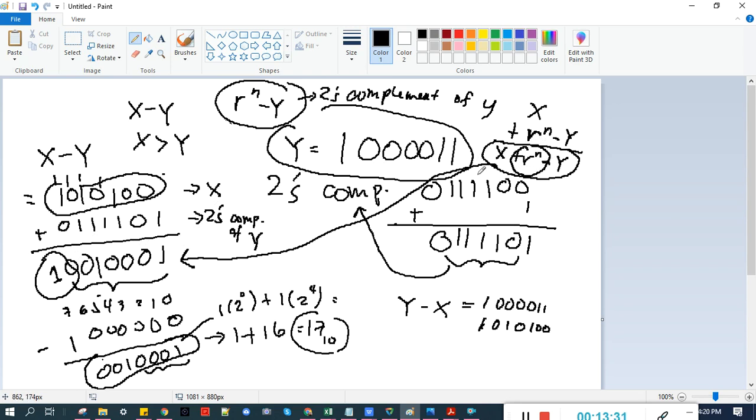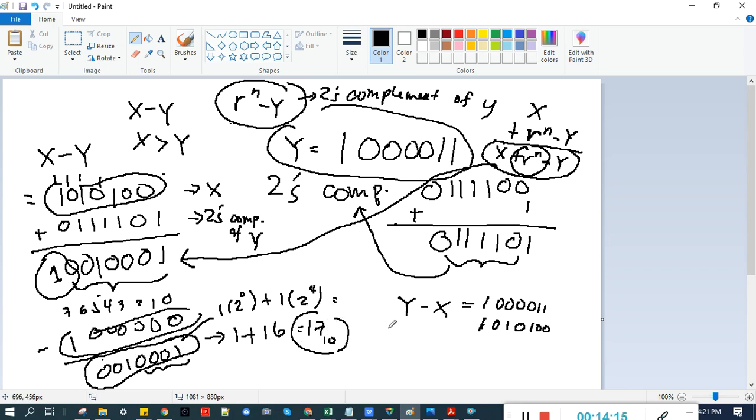That's why we subtracted 2 to the 7, where n is the number of bits, which is 7. In binary, this is 1 followed by 6 zeros. We subtracted 1 0 0 0 0 0 0 from the result, so that the final answer is this 1 0 0 0 1, which is equal to 17 in decimal.